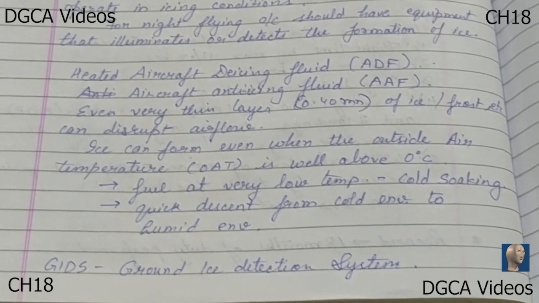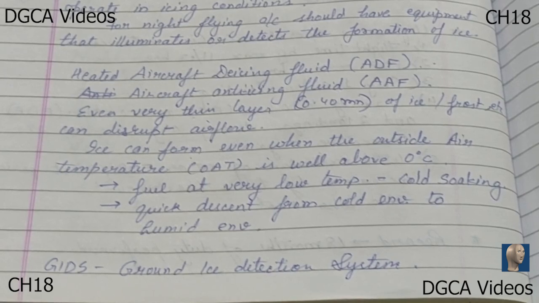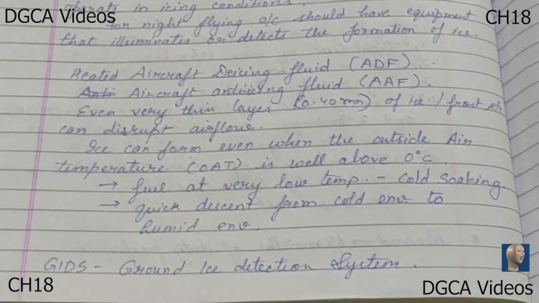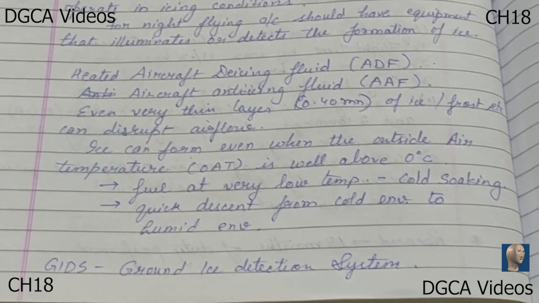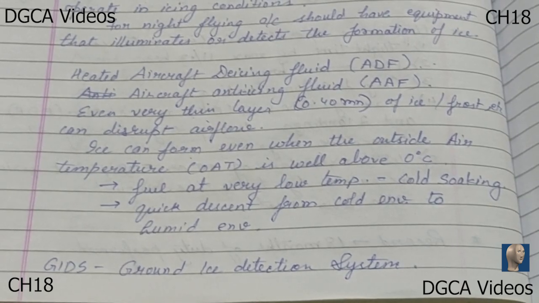Anti-icing means there is an anti-icing fluid also. If you apply anti-icing fluid on the aircraft, it will not allow ice to form on the aircraft surface. That is the difference between anti-icing and de-icing.